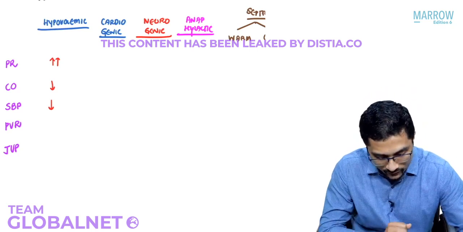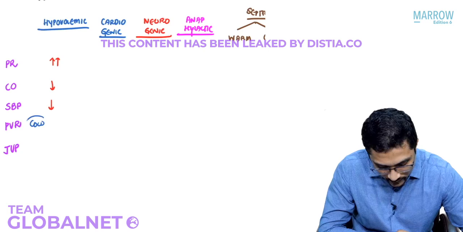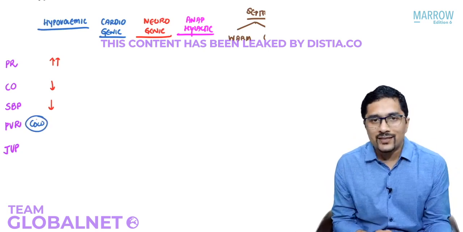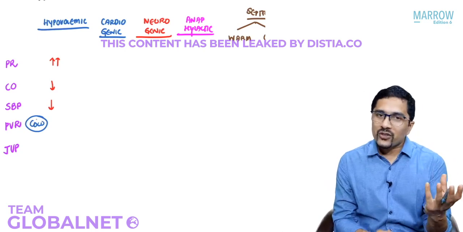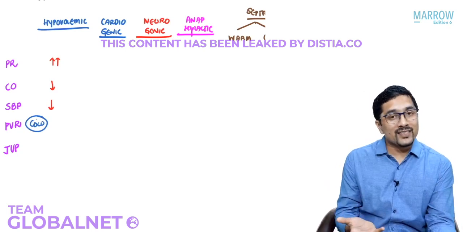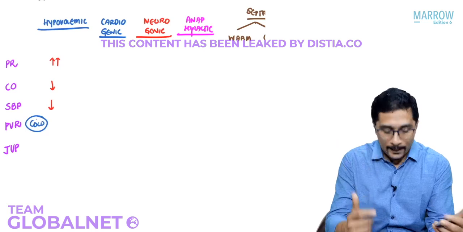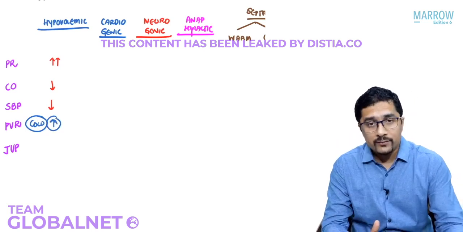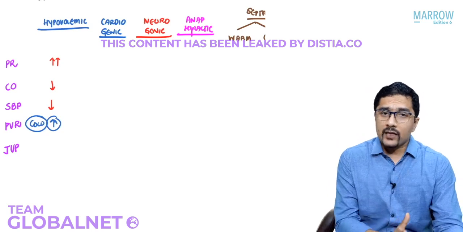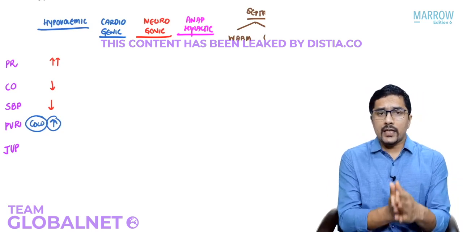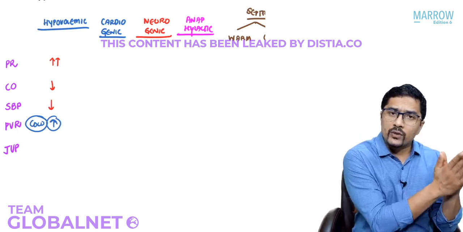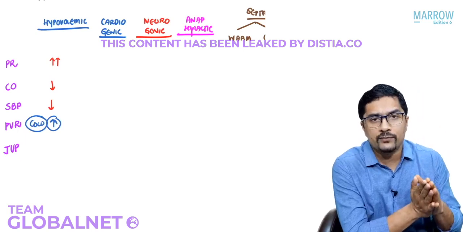And whenever we have cold extremities, why do we have cold extremities? Because there is peripheral vasoconstriction. And when there is peripheral vasoconstriction, what will happen to the resistance? It is going to go up. So the peripheral vascular resistance is going to be raised. Please don't get confused. Yes, initially the peripheral vascular resistance rise is going to give rise to an increase in diastolic blood pressure.